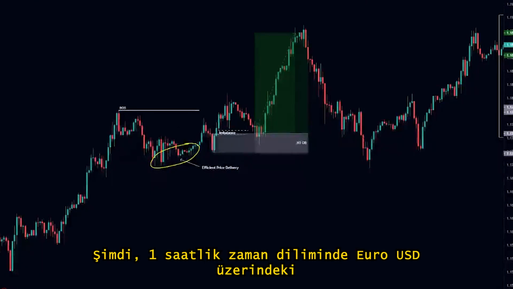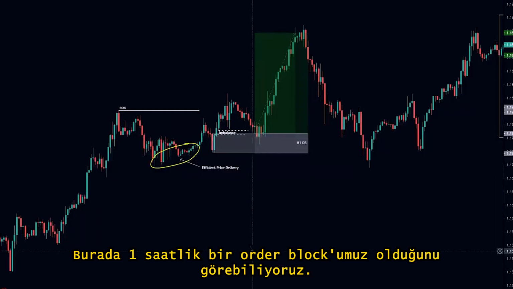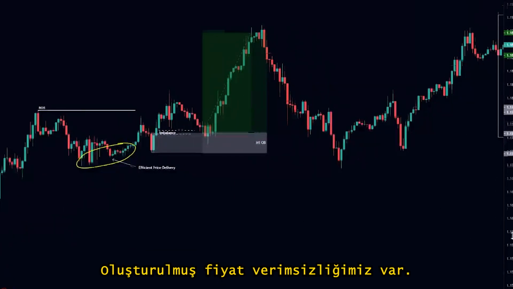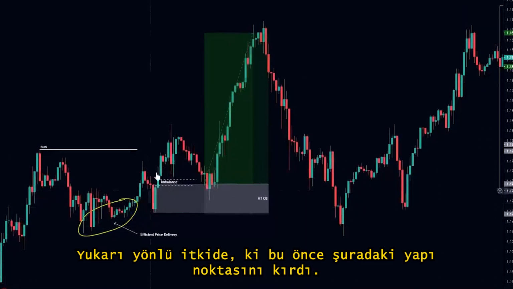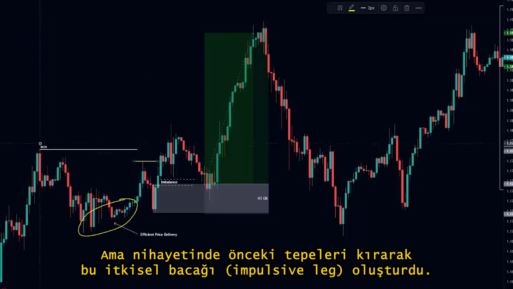Now let's take a look at this candlestick chart example of a risk entry on Euro USD on the 1 hour time frame. We can see here we have a 1 hour order block. We have price inefficiency that was created on the impulse to the upside, which first broke this point of structure here, but ultimately the previous highs, creating this impulsive leg.